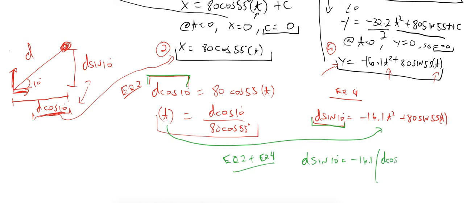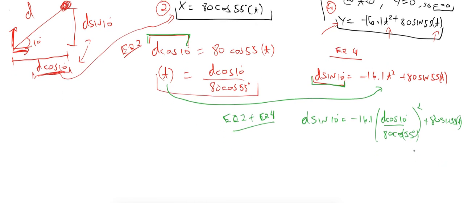D cosine 10 over 80 cosine 55, and I have to be careful here because everything is squared, plus 80 sine of 55 times t. Yeah, it's horrible, but I think you guys get it.